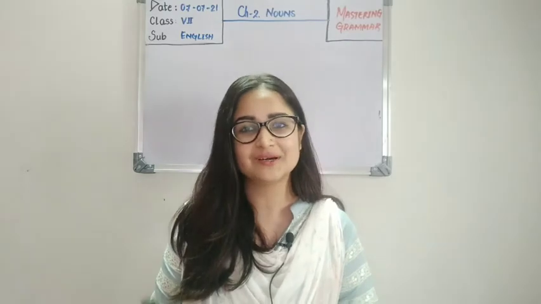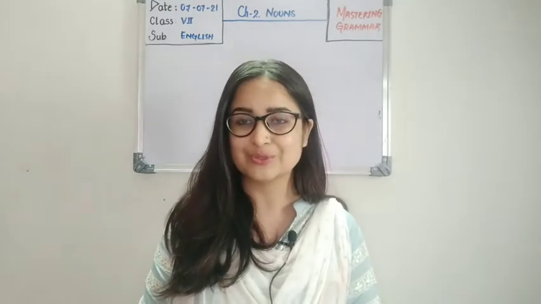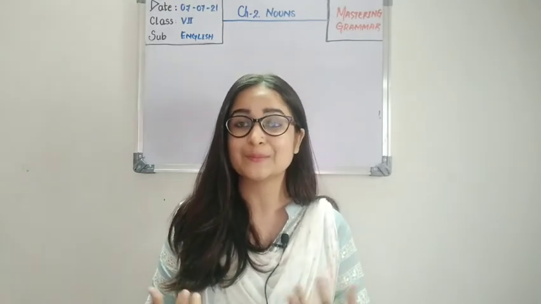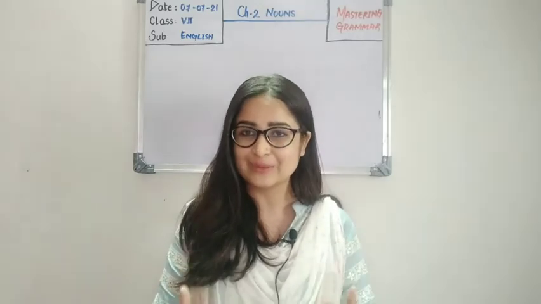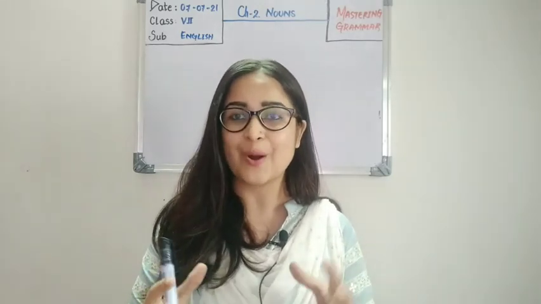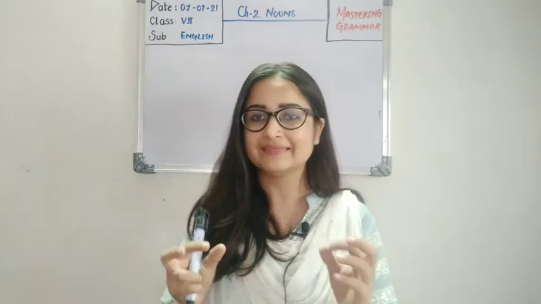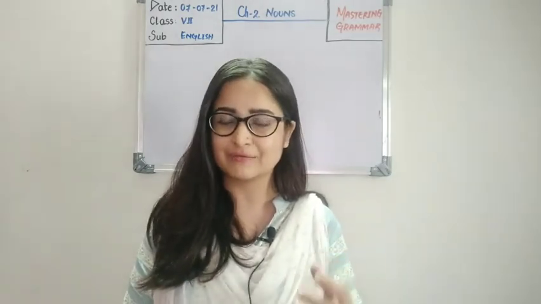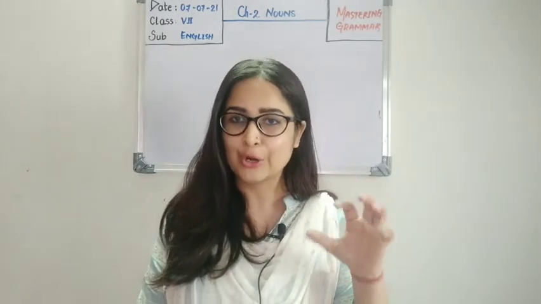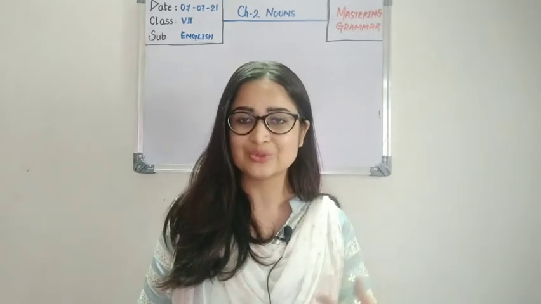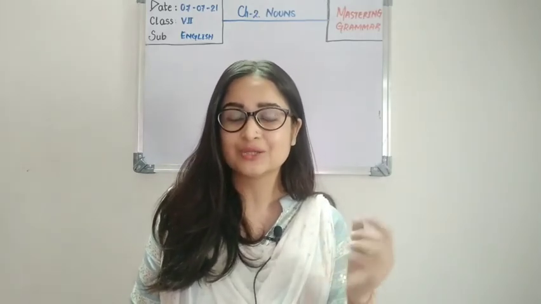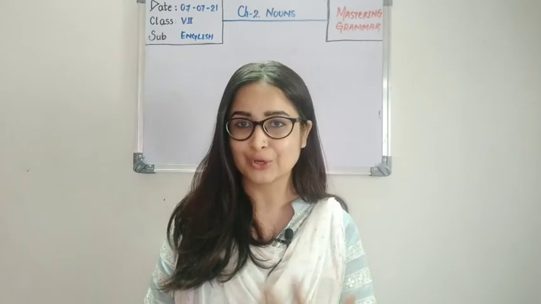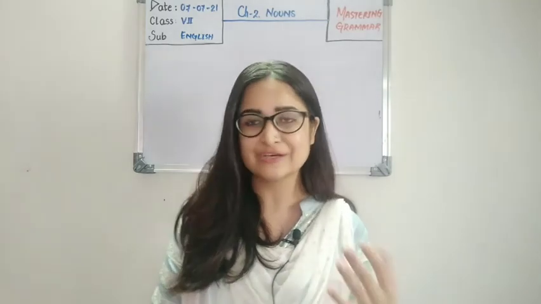We had also learned about collective nouns. I told you certain things or certain people or certain animals are put in a certain group, and they are given a term for the specific group. Those words which represent the group are called collective nouns.